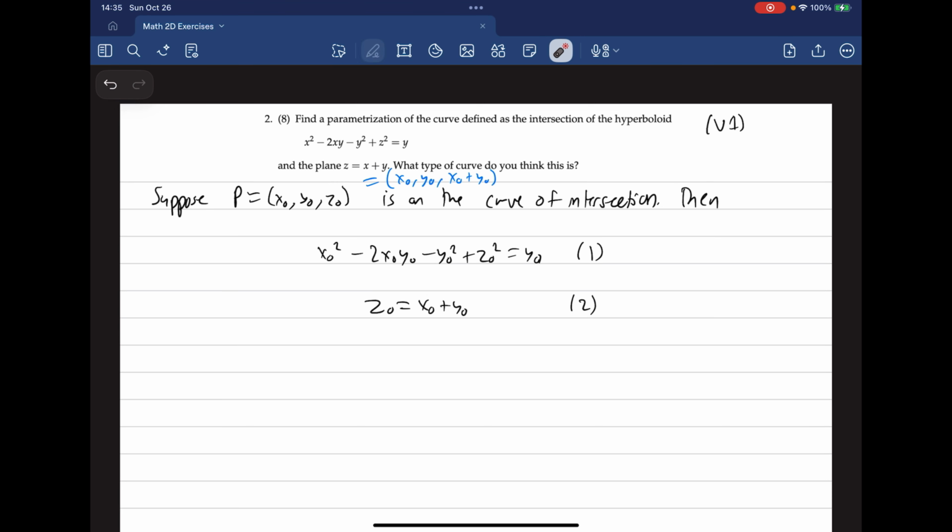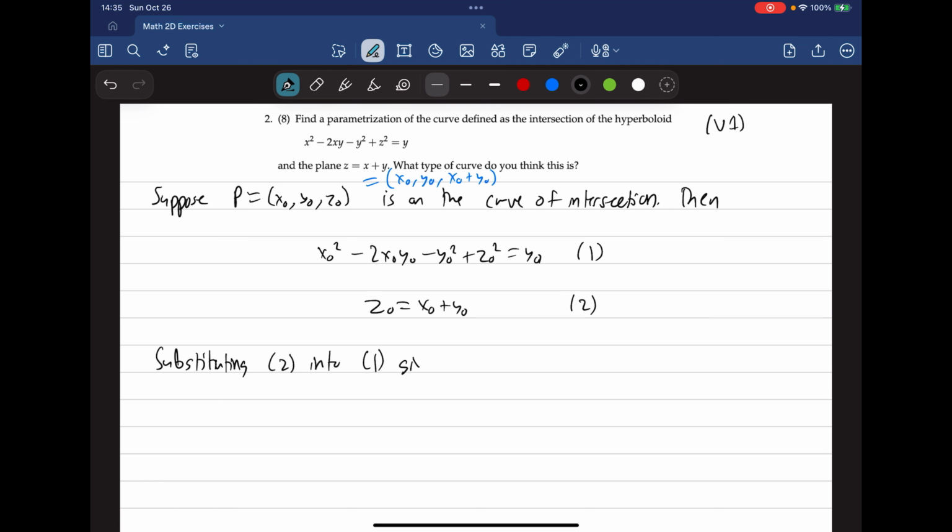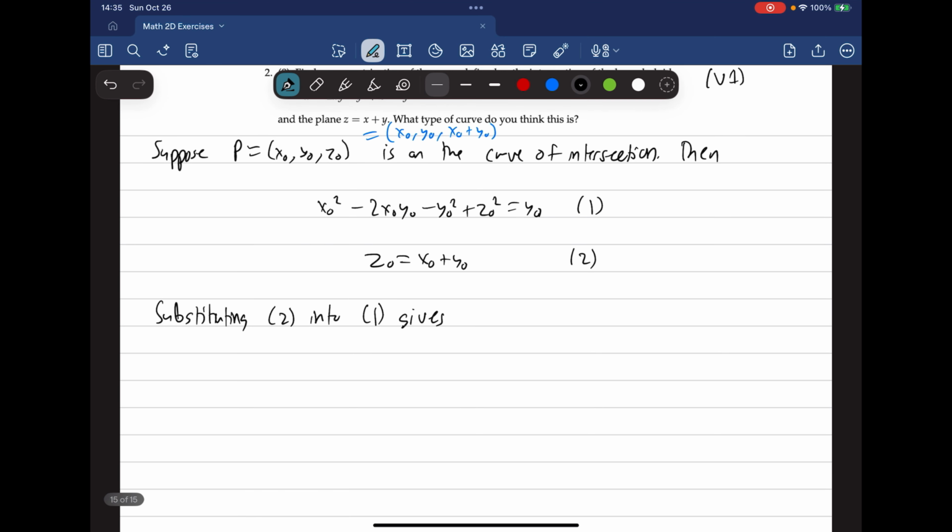And it's also useful because if we take this expression for z naught and substitute it into the first equation, we get a nice relation between the two. So let me write this out. Substituting 2 into 1 gives the following.